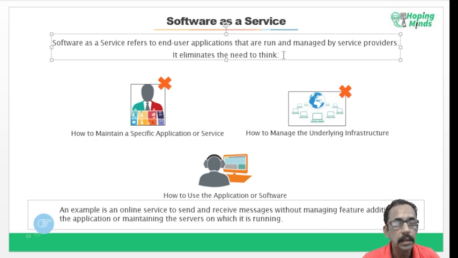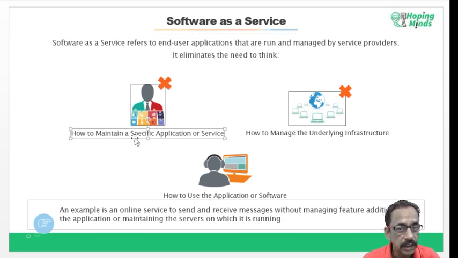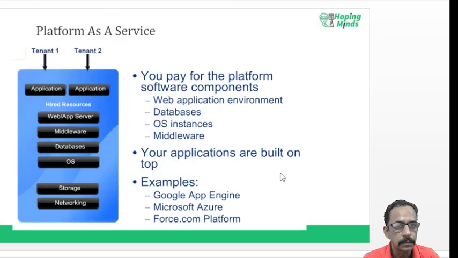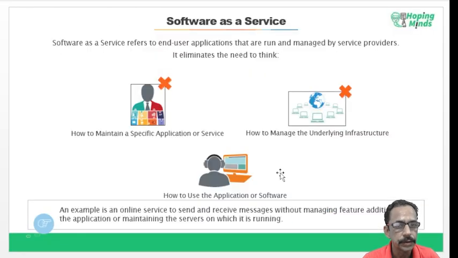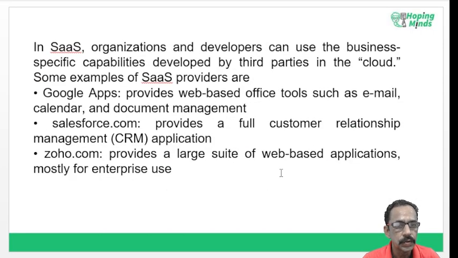It eliminates the need to maintain a specific application or service, or to manage the underlying infrastructure. You need not worry about all these things. You just have to think how you can use this application or this particular software. So this is software as a service.